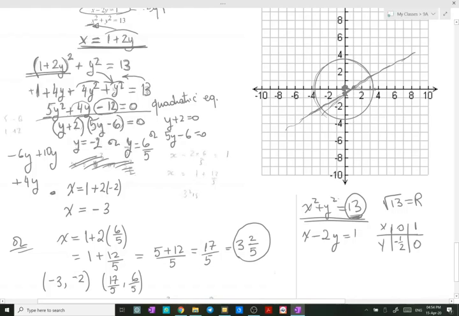And the points of intersection should have the same coordinates as the solution that you found algebraically. So here I have minus 3 for x and minus 2 for y. So it's the first one that we found. And here we have 3 and 2 over 5 for x, and 6 over 5 for y, which is approximately 1.2, which is there.